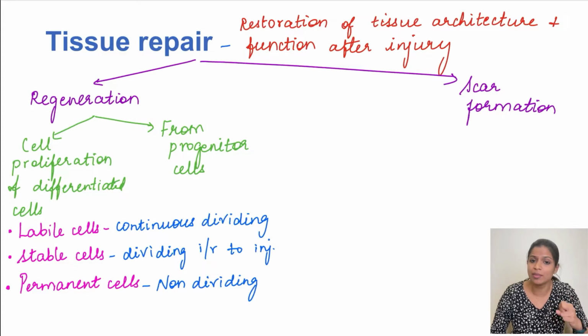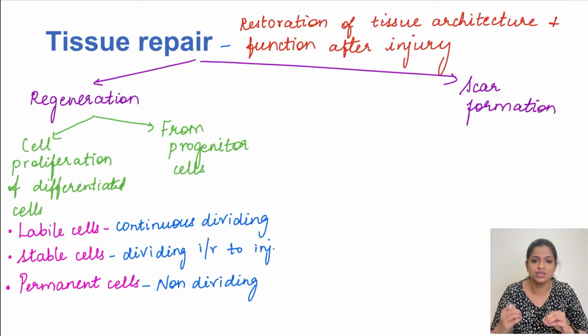So this can happen by two mechanisms. Firstly, the normal parenchyma of the cell, that is the differentiated type of tissue, will itself proliferate into a mature tissue. So the differentiated cell itself will proliferate and compensate for the loss of the tissue. So that is one type. Secondly, cell regeneration will happen from the tissue stem cells. Most of the cells will have a reserve.